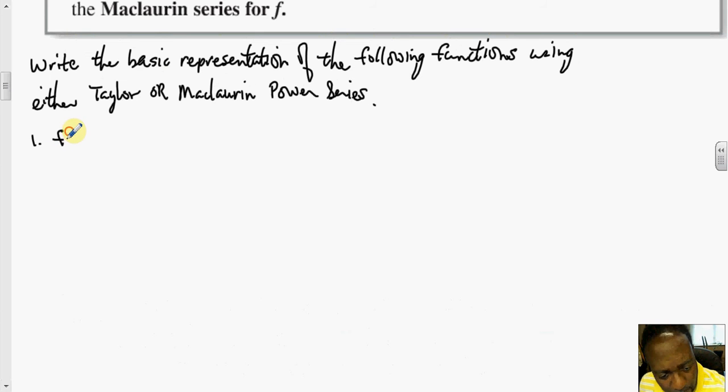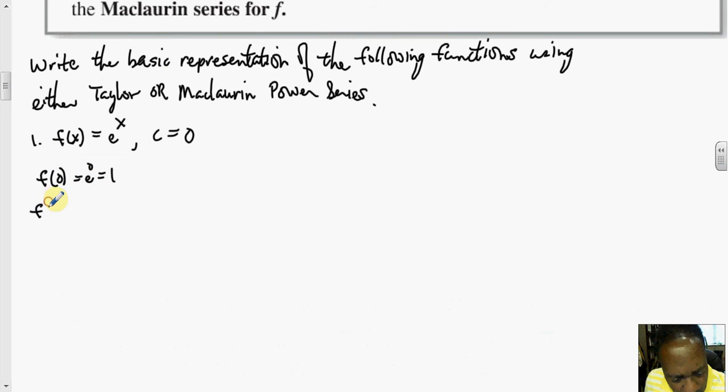First, let's start with f of x equal to e to the x, where c is centered at 0. We know that f of 0 is e to the 0, that's 1. F prime of x is e to the x. F double prime of x is e to the x, and so on.